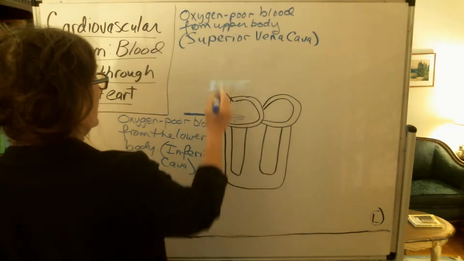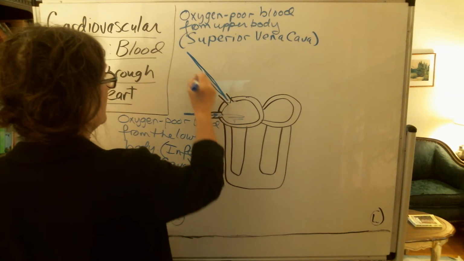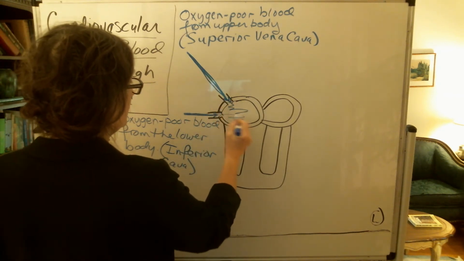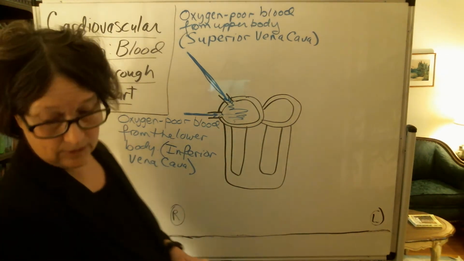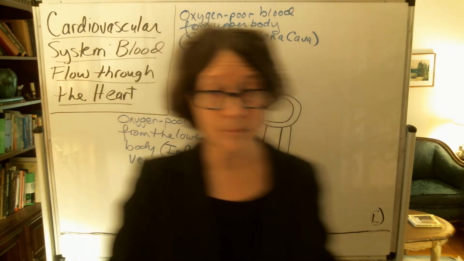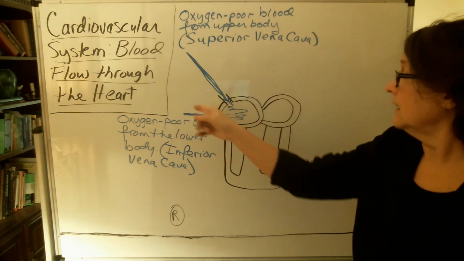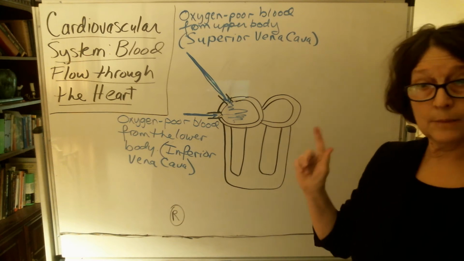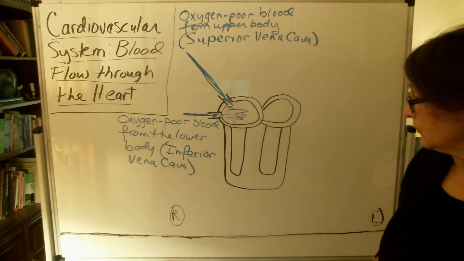So here we have that blood flowing in, flowing through this one-way valve and collecting there in the right atrium. Okay, so here then we have, as I said, oxygen poor blood from all of your body except for your lungs flowing into the right atrium here.